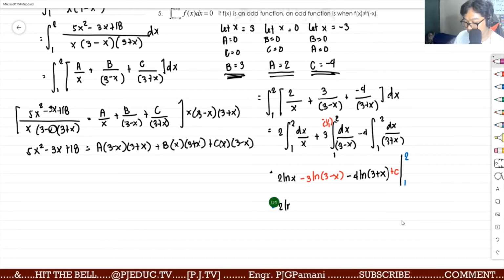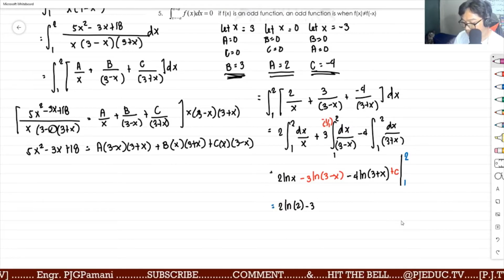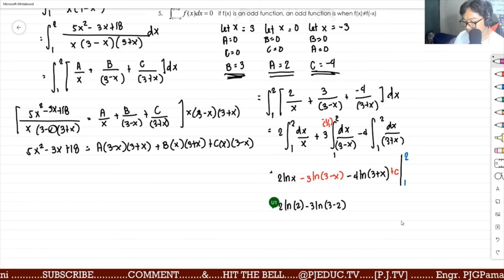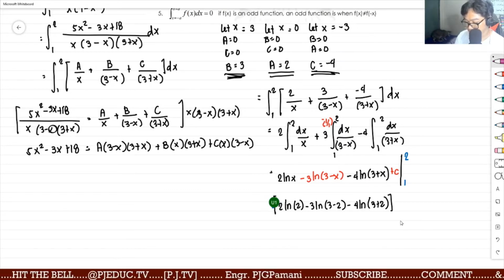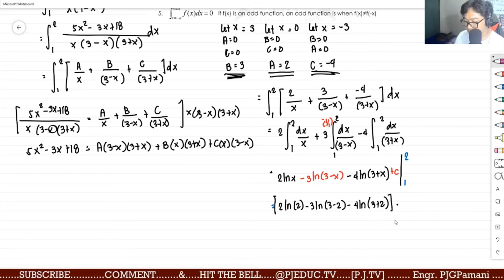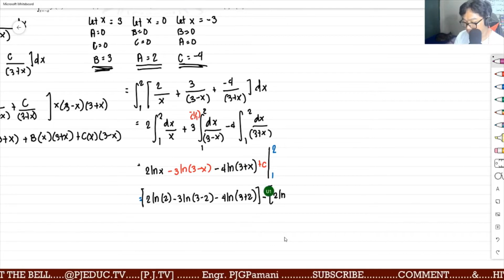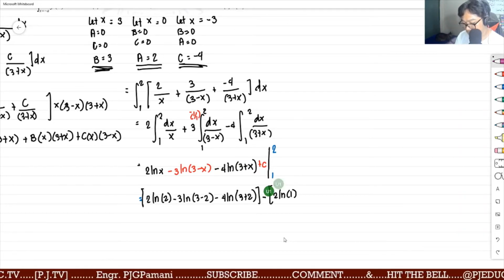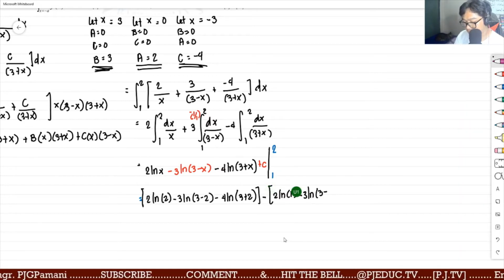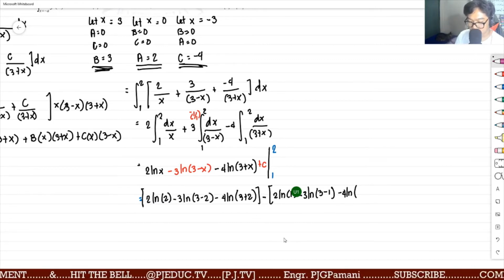So, 2 ln of 2 minus 3 times ln of 3 minus 2 minus 4 ln of 3 plus 2, minus 2 ln 1 minus 3 ln of 3 minus 1 minus 4 ln of 3 plus 1.